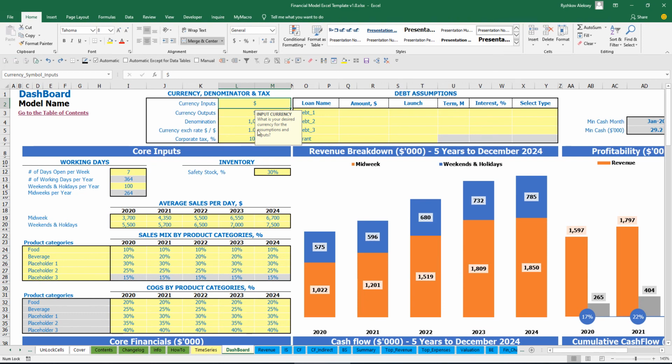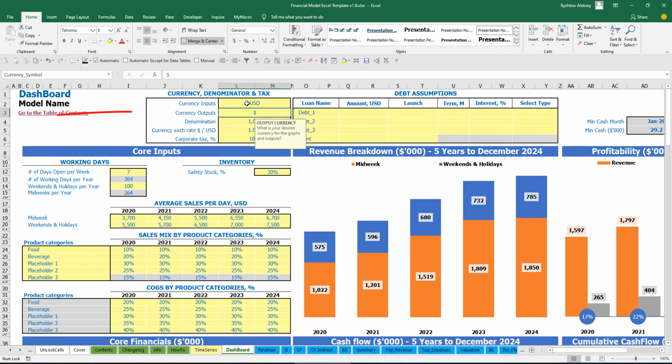On the top of the dashboard you have currency denomination and taxes setup. Currency inputs means that you can input all your drivers for the model using one currency. You have currency outputs. It can be the same as currency inputs and it can be different. Let me give an example.